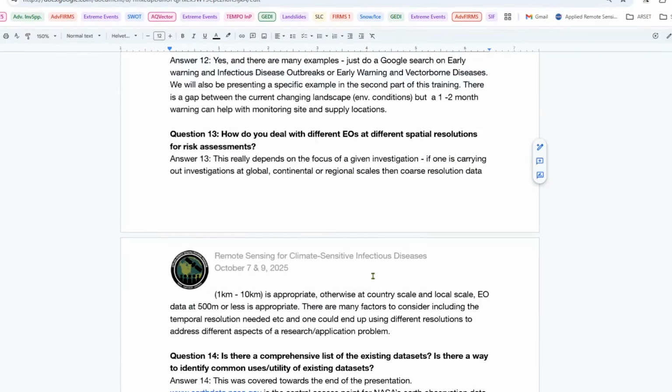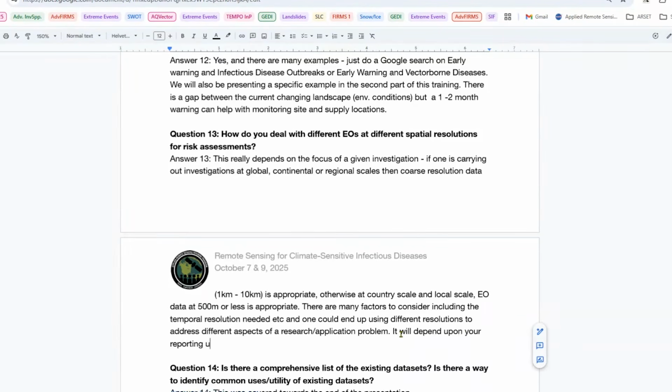So for us, the reporting unit was 250 meters, because we wanted to make sure that it was relevant to very specific individual villages and not just aggregated townships. We wanted to keep as much spatial granularity as possible, but being able to run the model effectively.